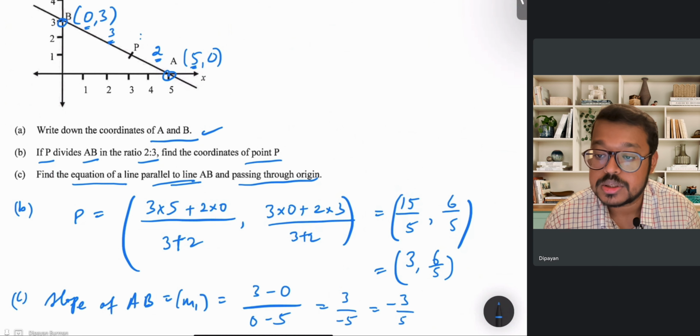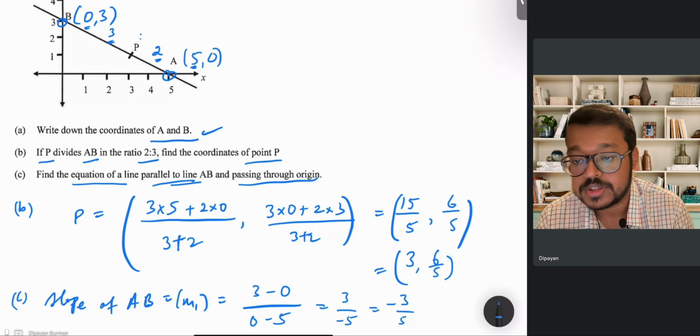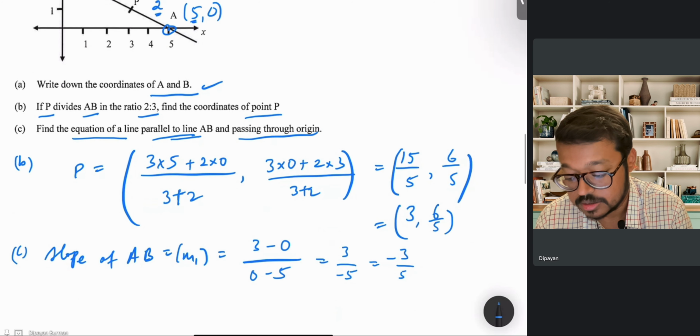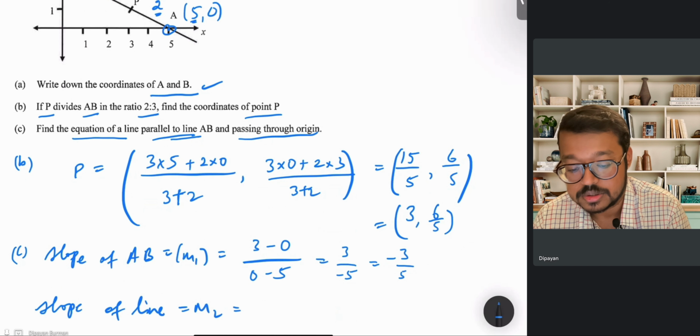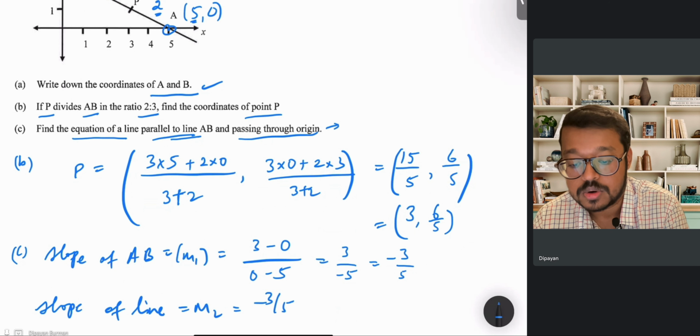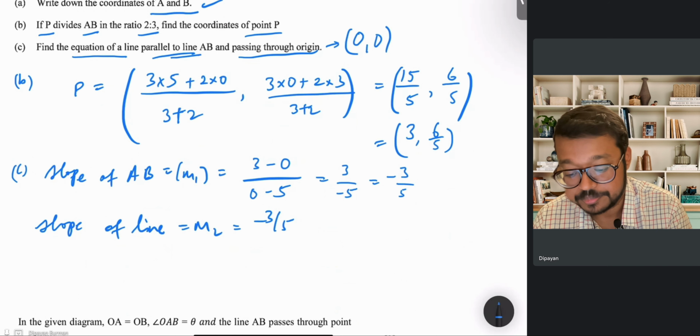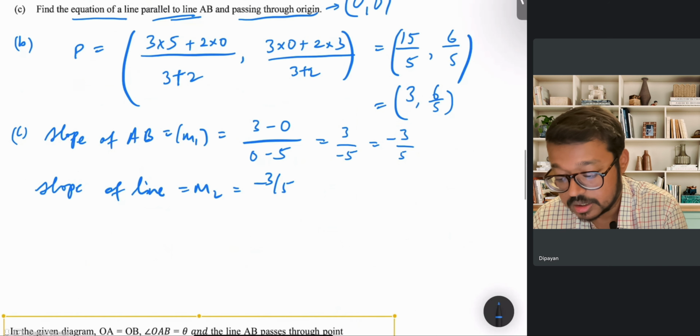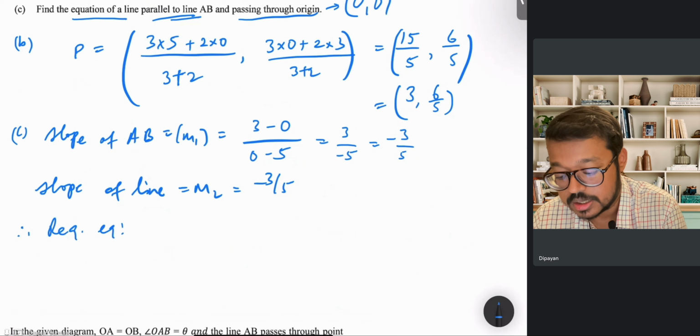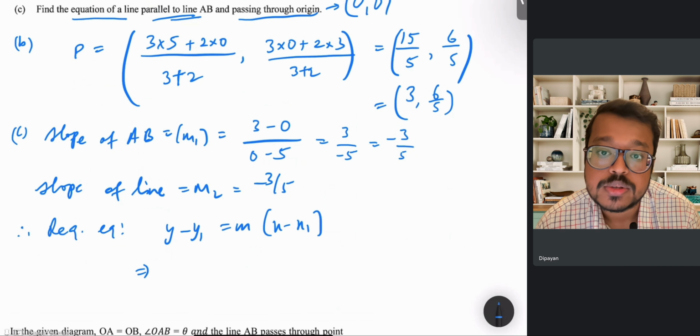Now we need the equation of a line parallel to AB, so the slope of that line will also be the same as AB. So the slope of the line, if I say it is M2, is also minus 3 by 5, and it's passing through the origin. Origin coordinate is 0, 0. So I will use my point slope form to say that the required equation is y minus y1 equal to m into x minus x1. x1, y1 values are 0 and 0.